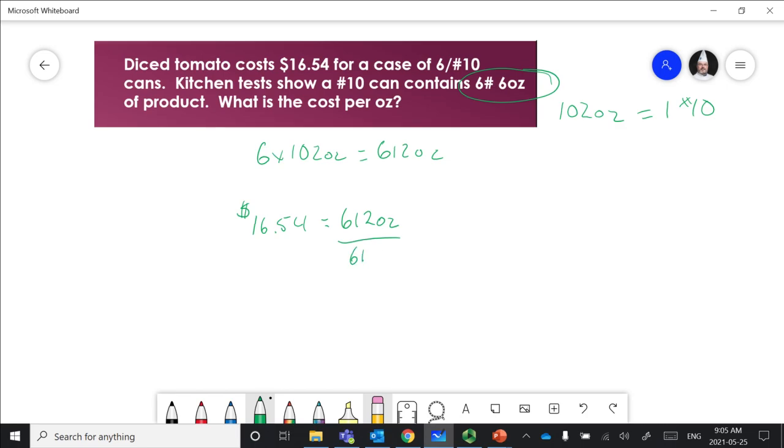Well, we can divide by 612, and we get a price for 1 ounce. That would give me 0.027 dollars per ounce. So we assume this ounce is what we're using in the recipe. We're not using a whole case of diced tomato in our recipe, so we're converting this case price into a price per ounce.